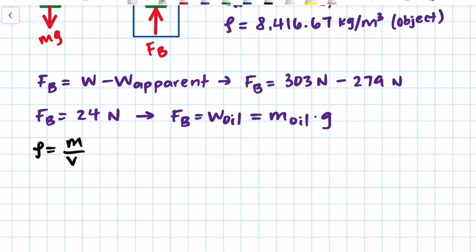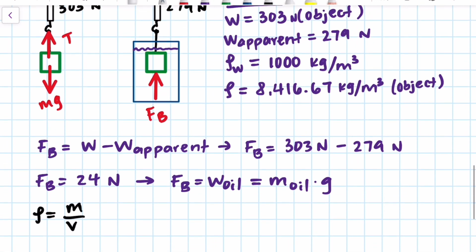So let's think about the volume, okay? Well, the volume of the oil is going to be the volume of the object because the object is fully submerged in the oil. So the volume of oil displaced is going to be equal to the volume of the object.